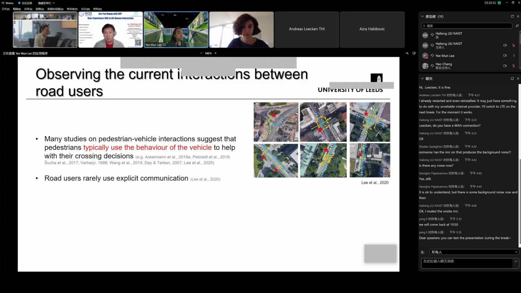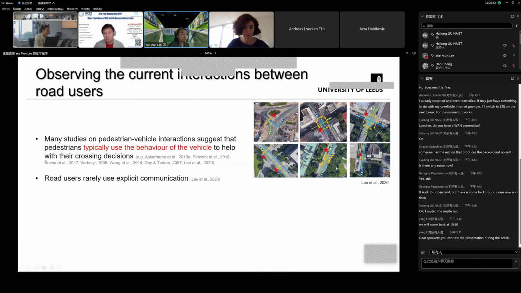This is the study where we observed three different locations: Leeds, Athens, as well as Munich. It seems like road users rarely use explicit communication, at the very least in these 50 kilometers per hour junctions or interactions.